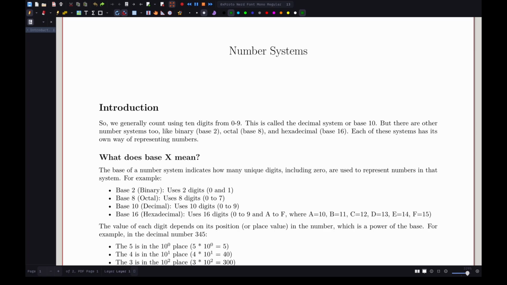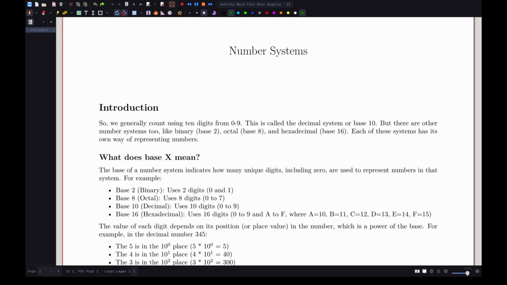So base dictates the number of digits or bits or octets or hextets or whatever you want to call it that can be used, right? So base 10, you can use 10 digits, 0 through 9. Base 2, you can use 0 or 1, 2. Base 8, 0 through 7, 8.